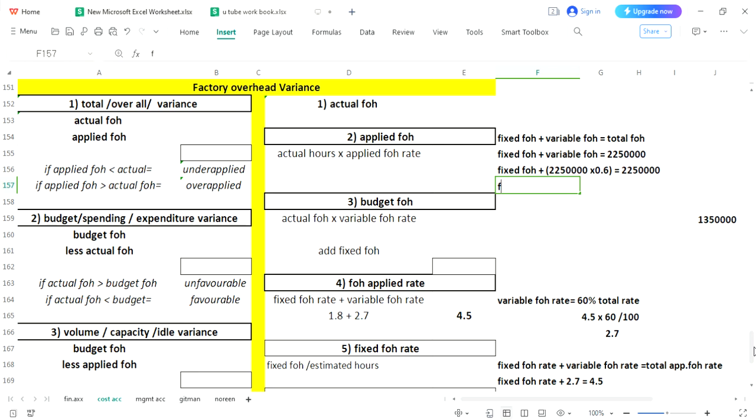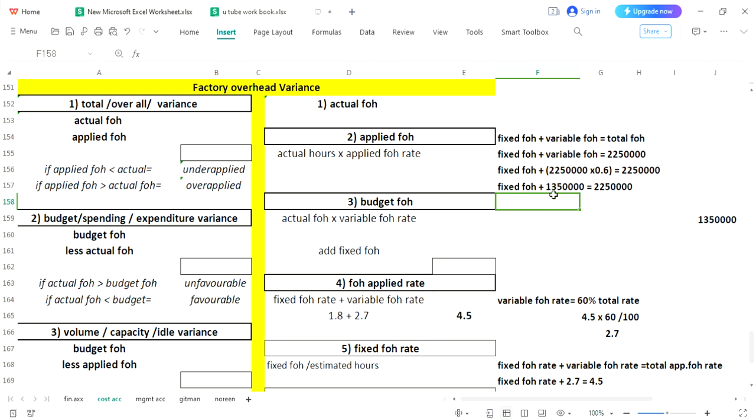Fixed FH is unknown, we are writing as it is, and add the answer we have calculated for variable FH, 13 lakh 50,000. Okay, what is left on the right side? 22 lakh 50,000.